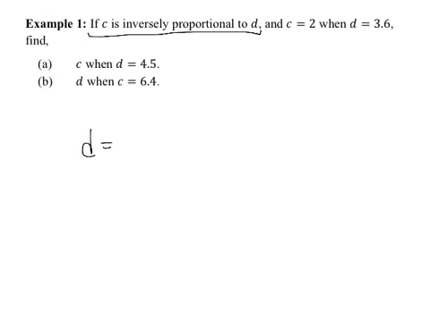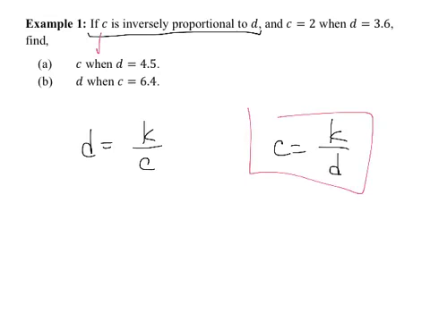That works. I would have written it as the other way around. C equals... It doesn't matter, it's the same thing. Okay, and we'll see why in a moment. I would have written it this way, because I read C first, and then I read is, C, and then is the equal sign, inversely proportional, K over, D goes there. Okay, so I would have written it this way, but it doesn't matter.